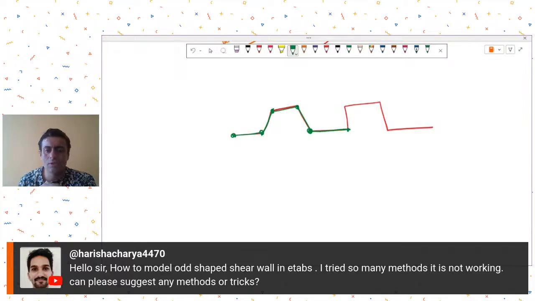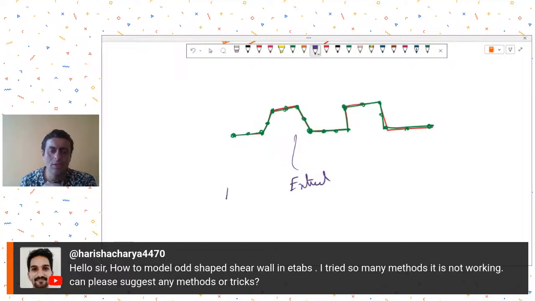So have nodes, have your line arrangements made like this. Maybe just divide the nodes, provide more elements, maybe have a mesh size of around 1 meter or 0.5 meter. So now these are all your line elements. Now select all these line elements and use extrude.